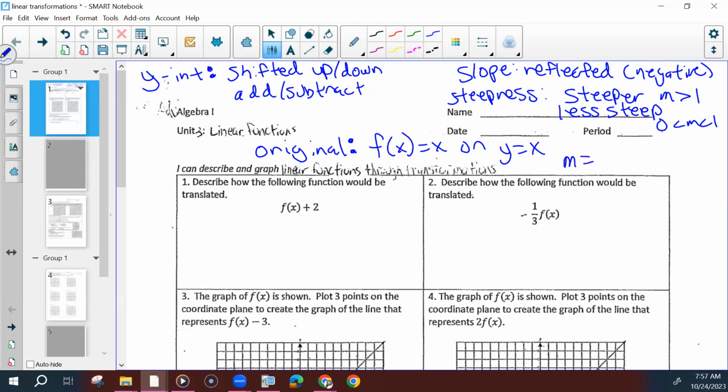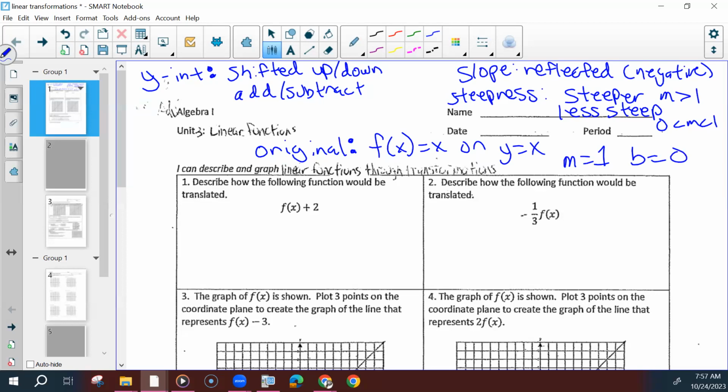Where the slope of this is what? What would the slope be here? The number in front of x. 1. And the y-intercept is 0. So for your original, your y-intercept is always 0, your slope is 1.